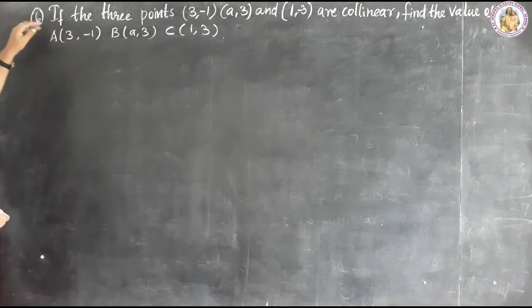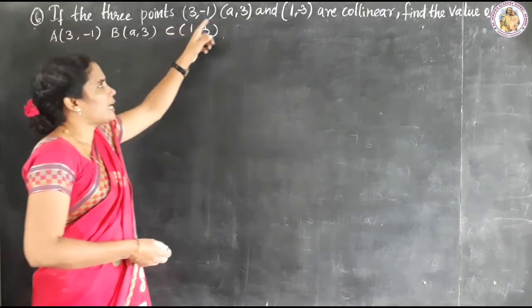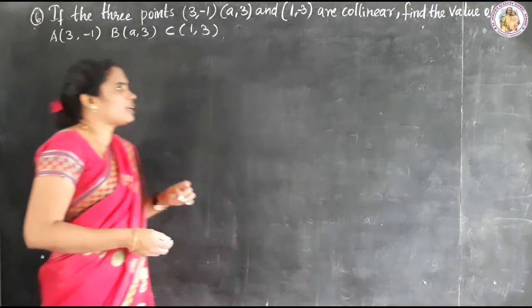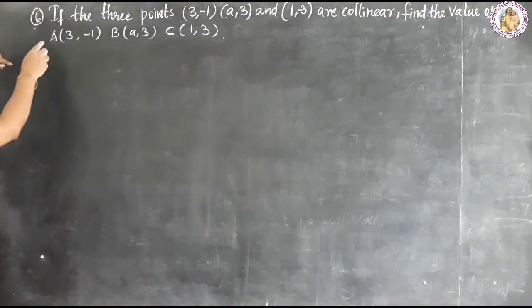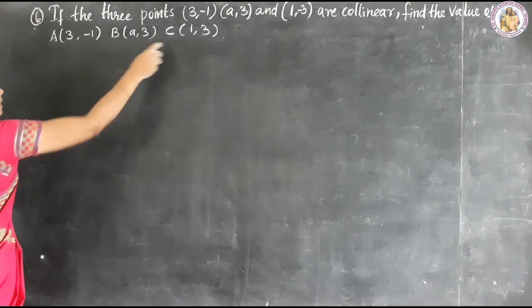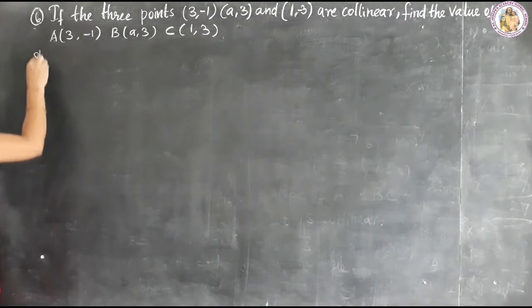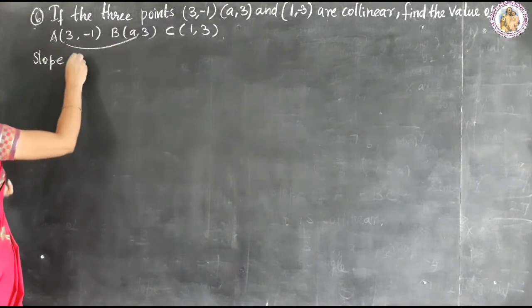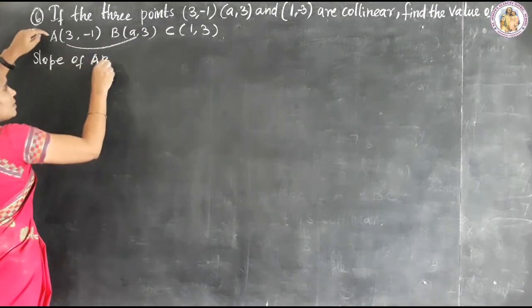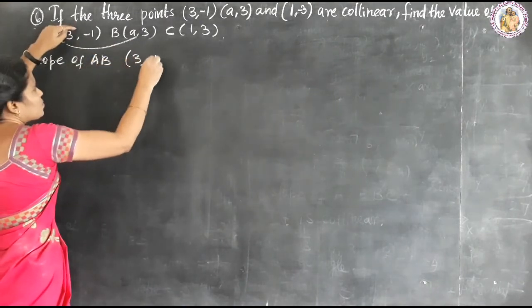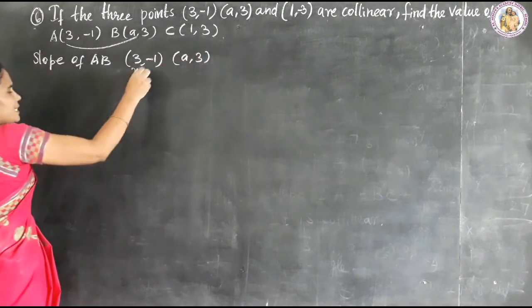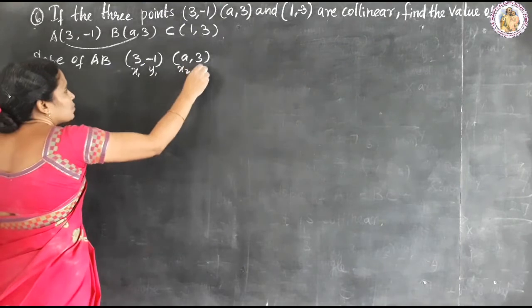Question number 6. If the 3 points 3, minus 1, A, 3 and 1, minus 3 are collinear, find the value of A. Here I have taken the points as A, B and C. First of all let us find the slope of AB. The points are 3, minus 1 and A, 3, taking these as x1, y1, x2, y2.